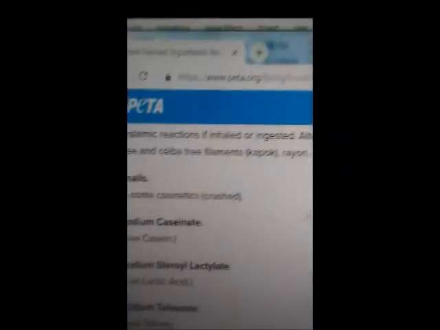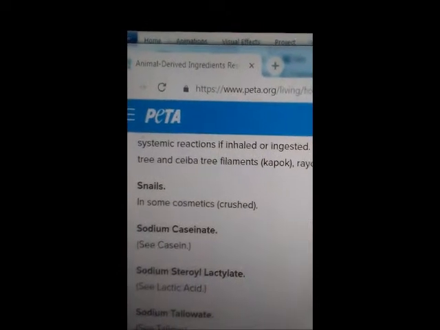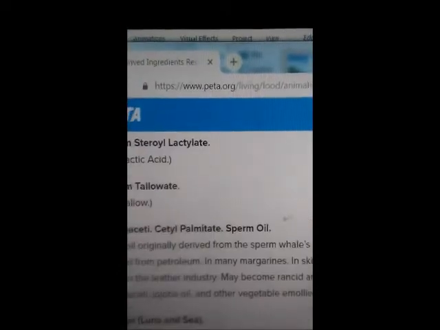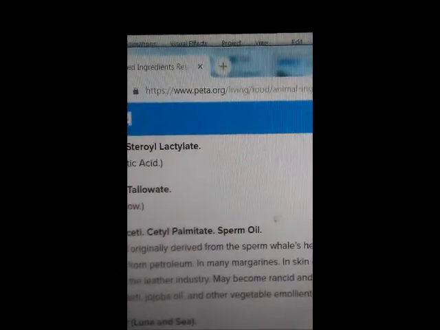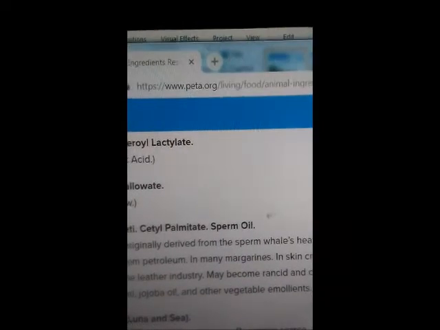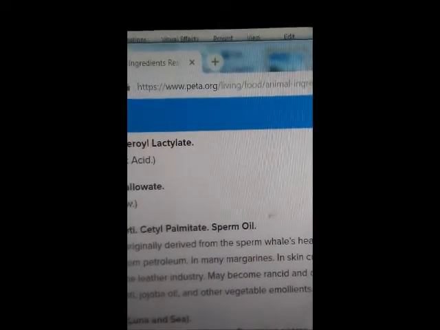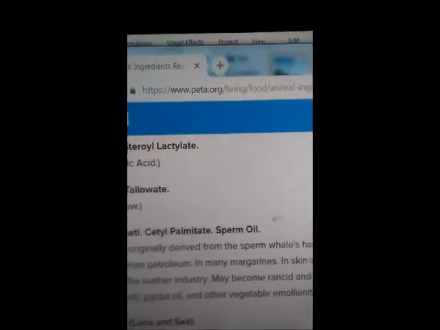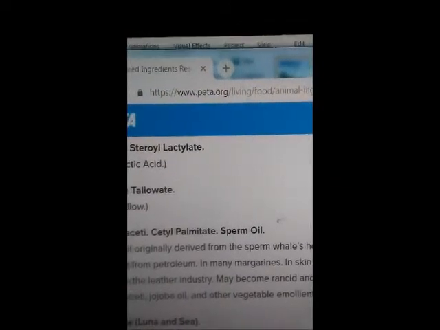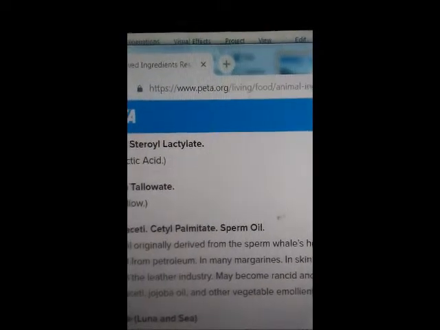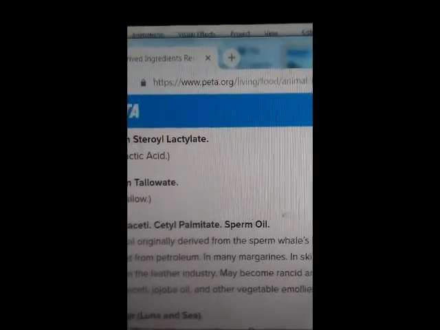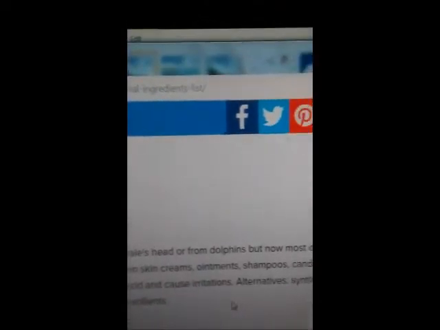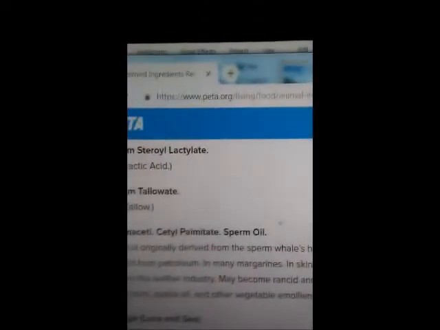You got snails. In some cosmetics, they're crushed. So, got so much. You got spermaceti, cetyl palmitate, sperm oil. I don't know how to pronounce all these words. Waxy oil originally derived from the sperm whale's head or from dolphins, but now most often derived from petroleum.